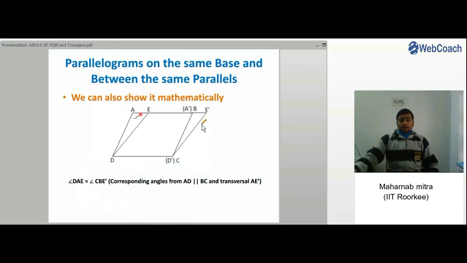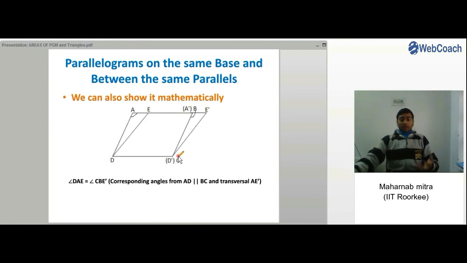Let us consider these two triangles. You will see angle DAE is equal to angle CBE. These two angles are the same. And why? AD is parallel to BC because ABCD are the vertices of a parallelogram.